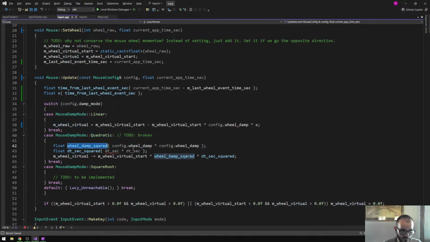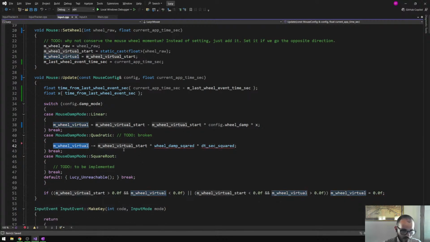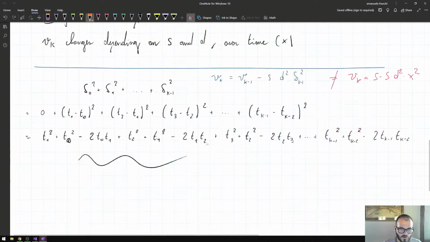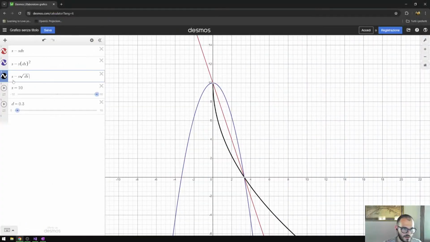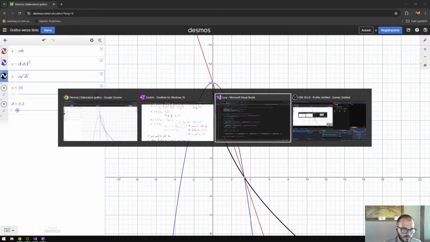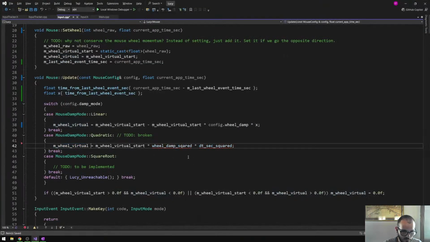Now the wheel damp squared. The idea is that in the case of a quadratic, we do the start, we subtract it from the start, multiplied by what?